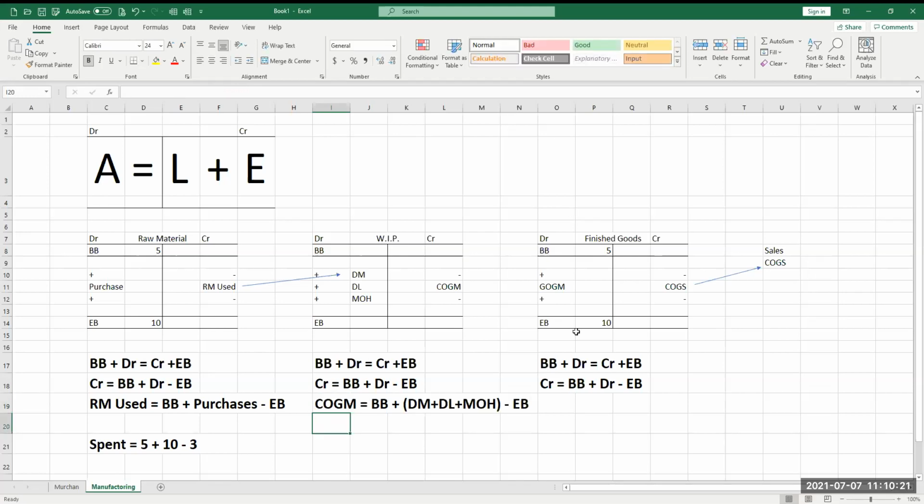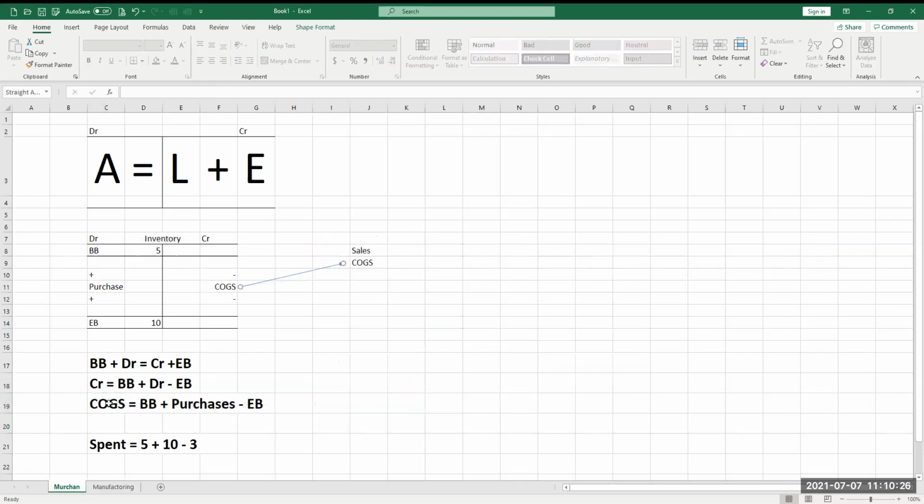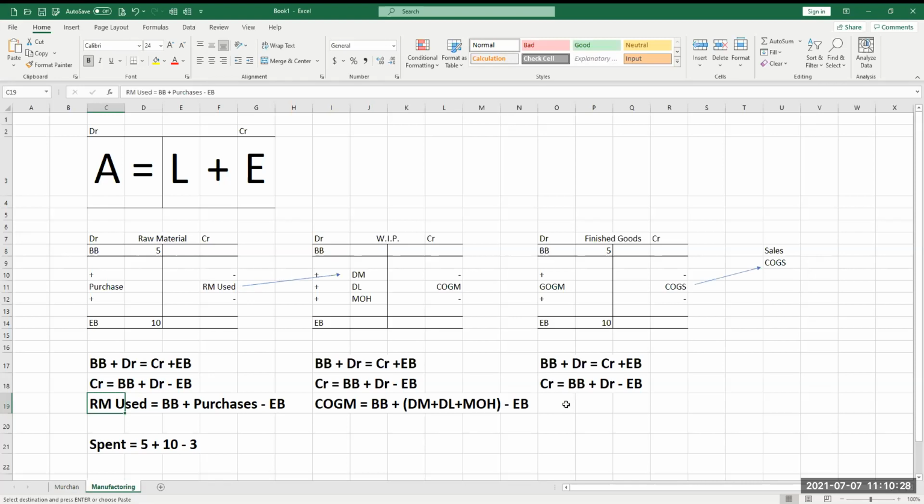And here, I can use this formula on this account: cost of goods sold equals the beginning balance plus cost of goods manufactured minus the ending balance, correct?